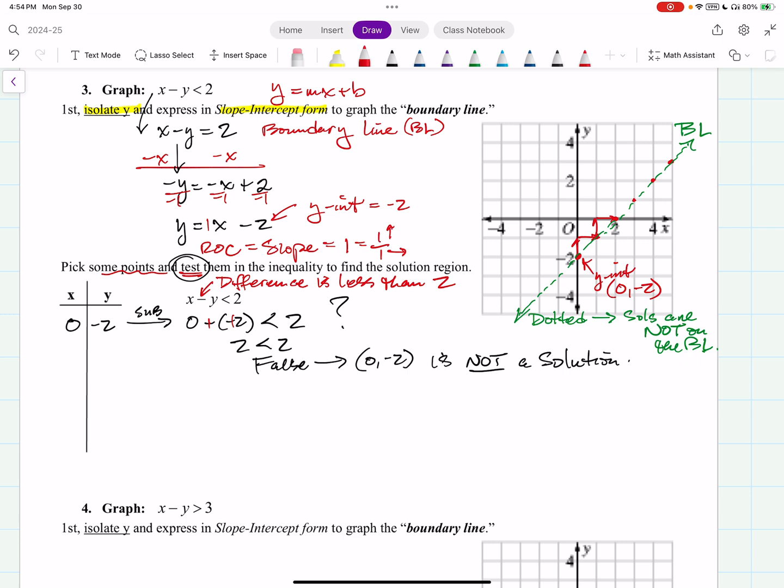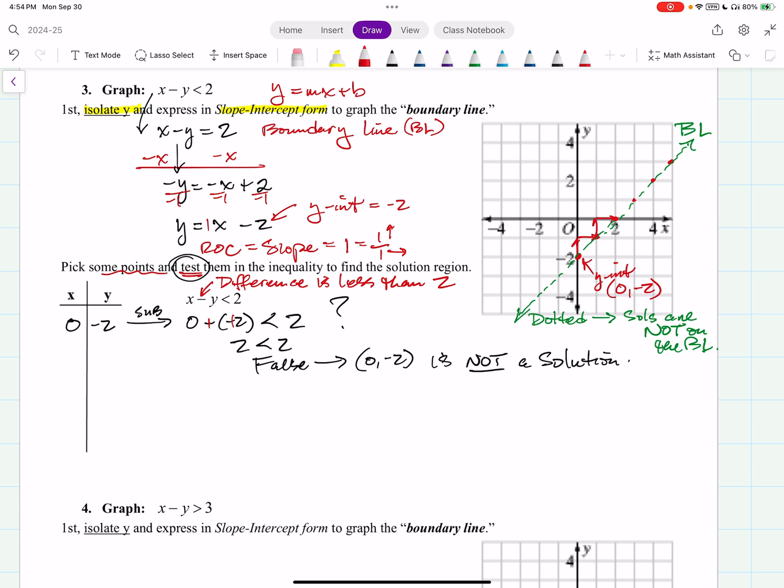Can you think of two numbers whose difference is less than 2? Then we can graph them and determine that. One way is to think about it, and after you think about it, you can plot them.